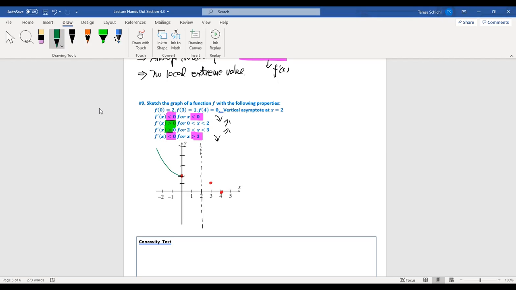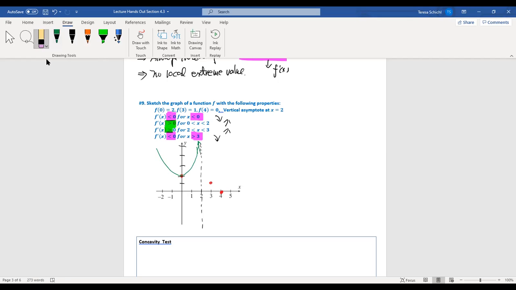And then from 0 to 2 is increasing, so I know it's going to turn, right? It continues increasing, so here's the asymptote. So I know my function probably will go like this, right? So it's kind of increasing, and getting to what? Getting to my asymptote here.